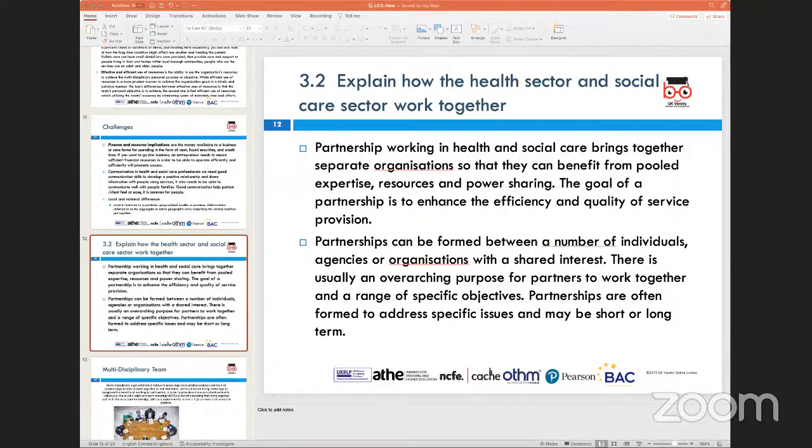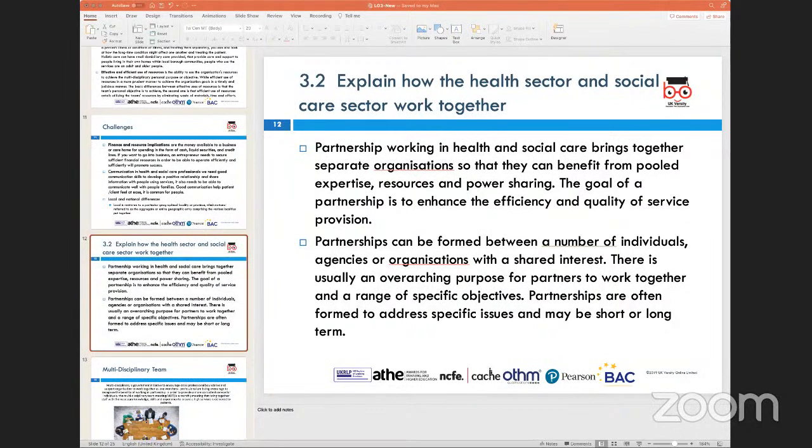So when we talk about the health and social care sector working together, we are looking at them coming together to provide and meet some of the complex needs of individuals, not just in terms of their well-being, but also in terms of some of them having to either receive care or, in some cases, receiving treatment for certain illnesses.